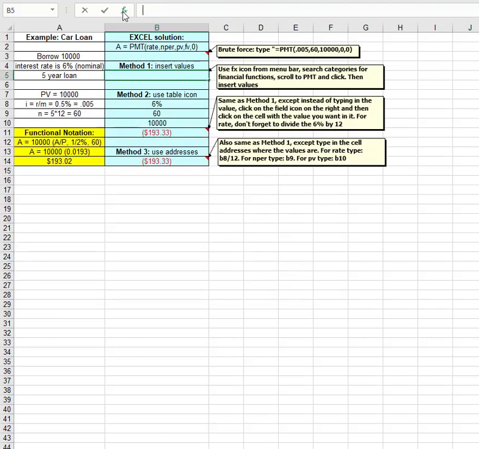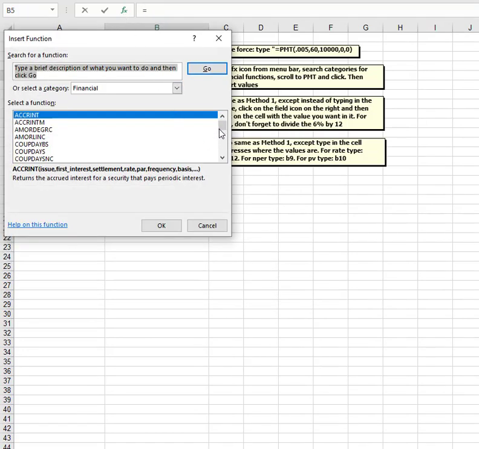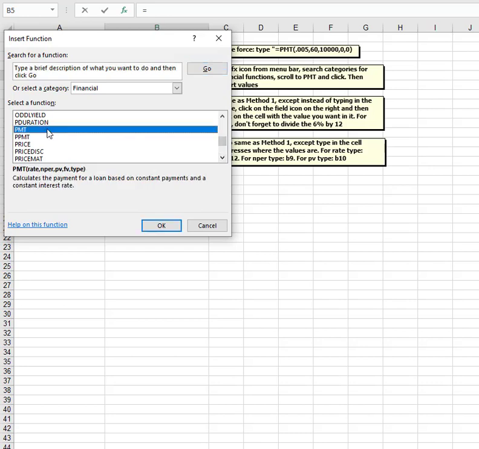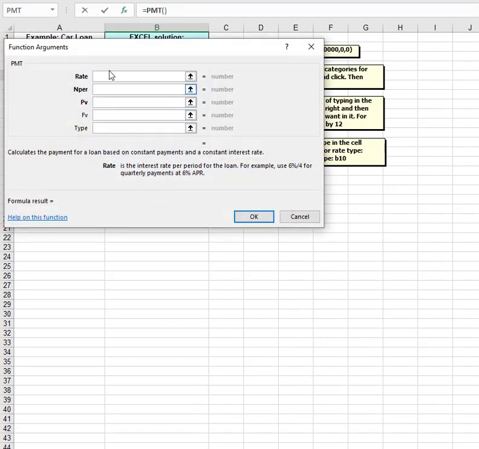Now, brute force method, we're going to go down to the payment function, type in 0.06 divided by 12 to get the periodic interest rate.